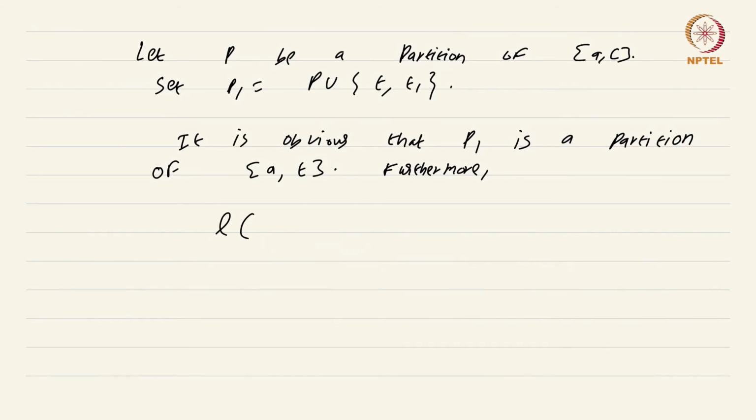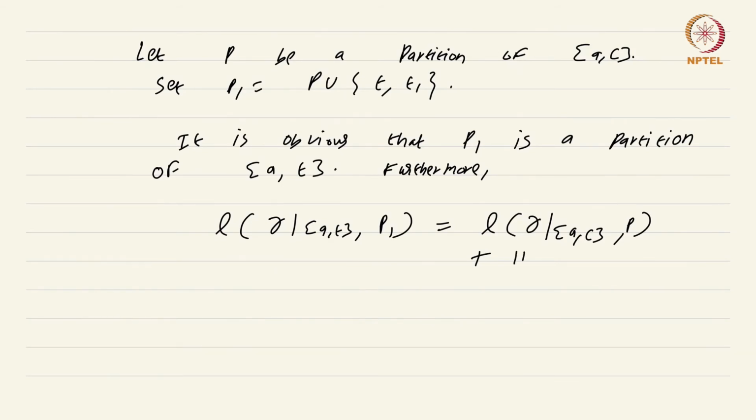The length of gamma restricted to [a, t] with respect to P1 is nothing but the length of gamma restricted to [a, c] with respect to P, plus these additional points that we have considered, t and t1, which is norm of gamma of t minus gamma of t1 plus norm of gamma of t1 minus gamma of c.